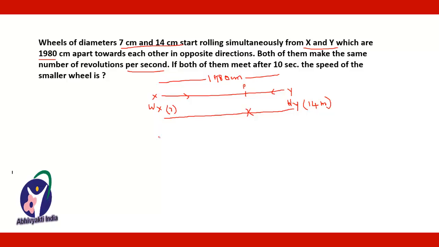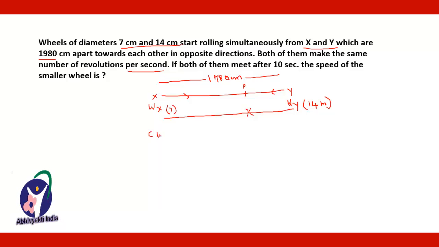So first we will have to find the circumference, because as far as wheels are concerned, the distance covered by a wheel in one revolution will always be equal to the circumference of that wheel. So we will require the circumference of both the wheels.